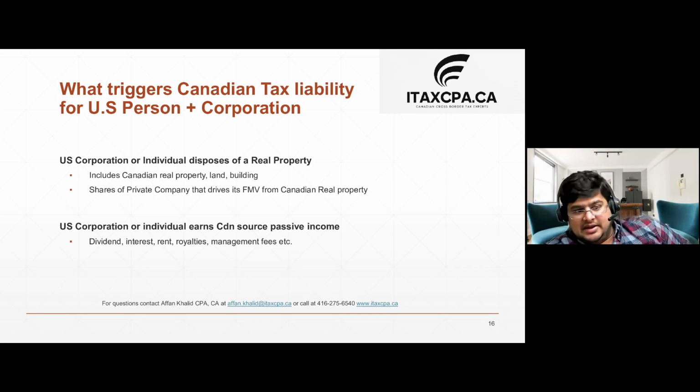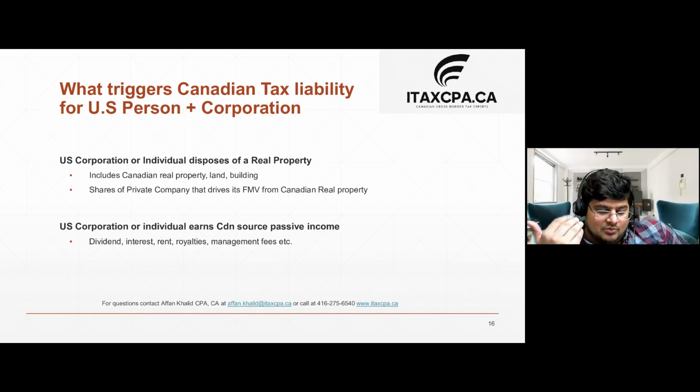These rules don't only apply to real estate held by an individual. If you own shares of a Canadian corporation that derives its value from underlying real property or resource property, the same rules apply. Say I own the same $1 million condo in a Canadian corporation, the same rules will apply.